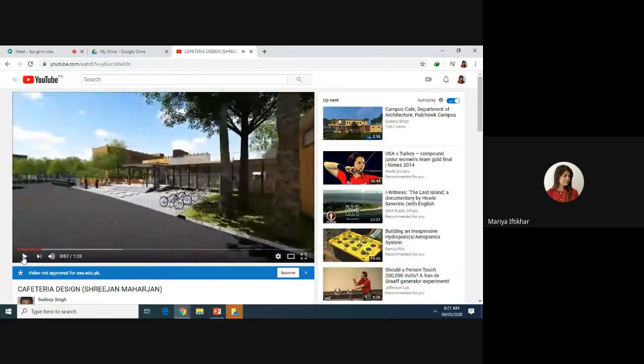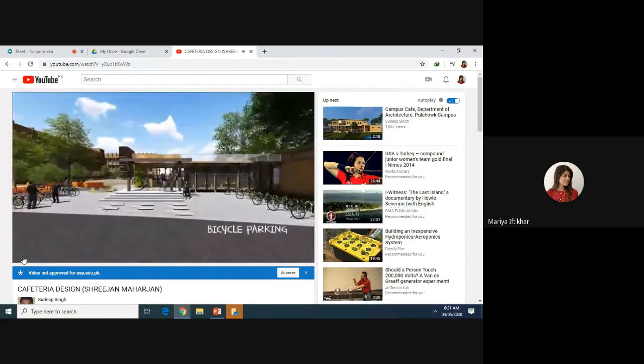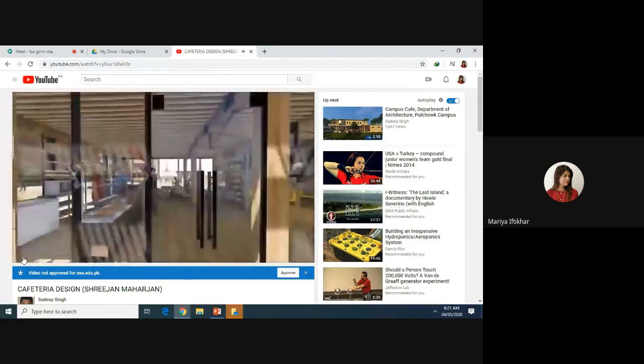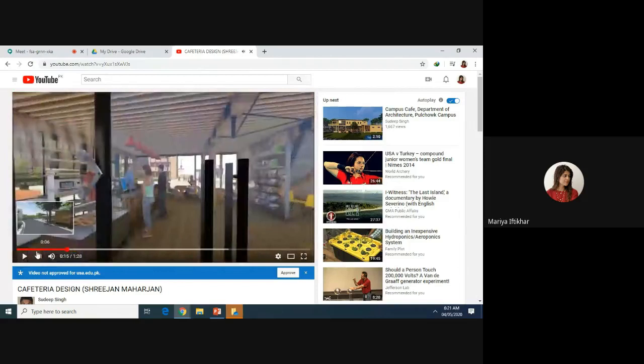This is a very interesting one as it shows how different kinds of spaces are incorporated in the project. You can see that there was a bakery section in the front.